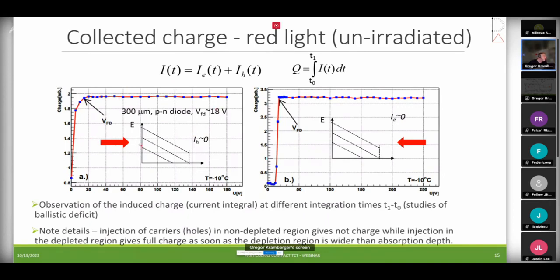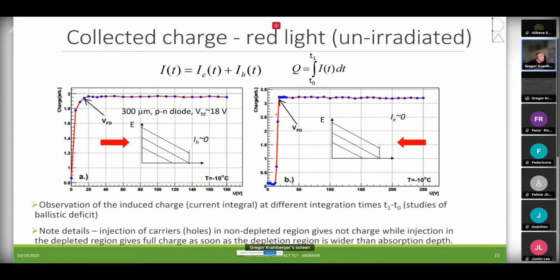So in this case, for example, this is the red laser. You can also see that the charge is actually even below the full depletion, it's almost 100%. I don't want to go too much into that, but this is something that is well explained by the semiconductor device physics.